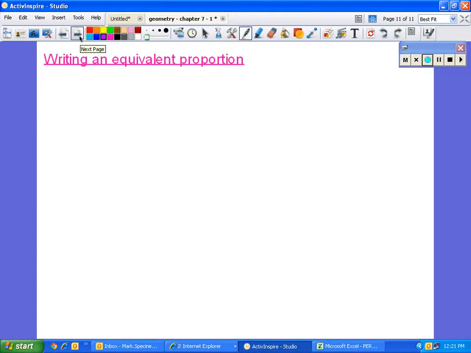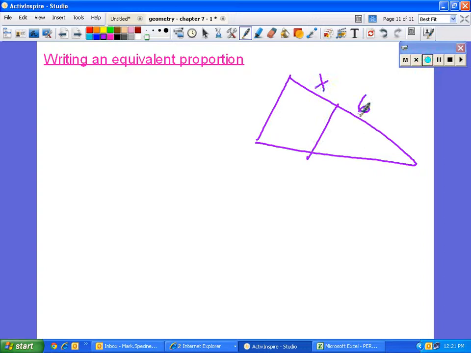Okay. Last thing we're going to cover today is called writing an equivalent proportion. Okay, so we are told that this is a true statement.